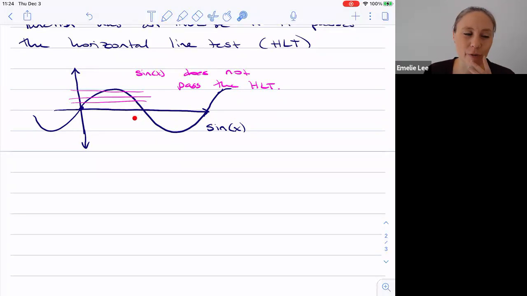We remember that sine goes from +1 down to -1, so I need something that shows all of those y values. If I start at the origin and move over, this is the section that's not passing the horizontal line test. So we move to the left a little bit and chop it off at this bottom bit and at this top part.